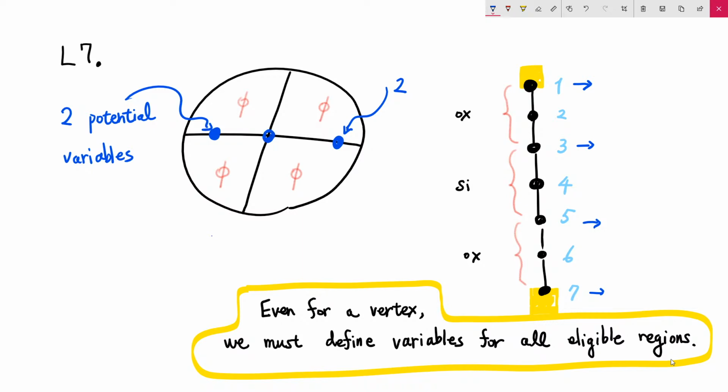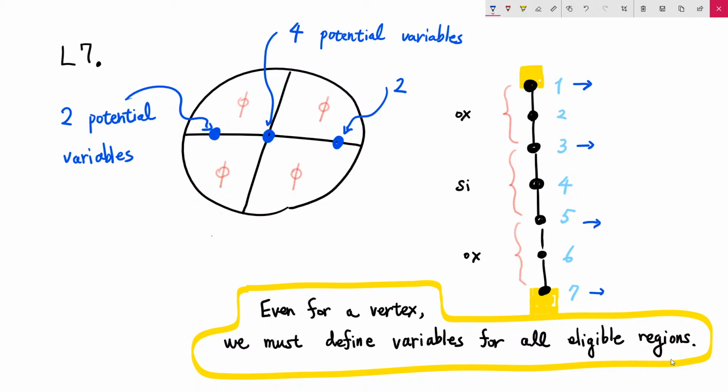Are you with me? So, for example, in this case also we need two. Then how about this central point? In this case we have to introduce four. If all of them can have a potential, then we have to introduce four potential variables.